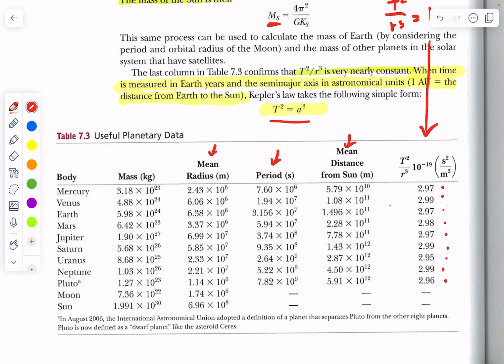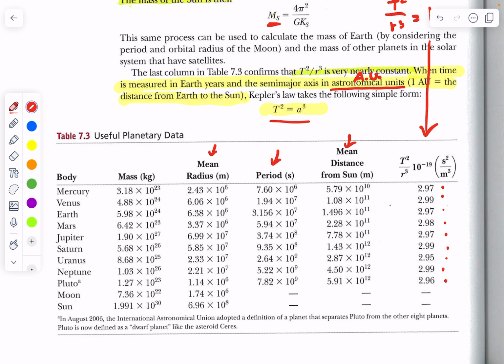Now, we can further simplify this if we invent a new unit. The new unit is going to be the astronomical unit. 1 astronomical unit, which is an AU, is going to be the distance from the Earth to the sun. So if 1 AU is the distance from the Earth to the sun, and we're going to be measuring the amount of time that it takes to go around the sun in Earth years, so we're making the Earth sort of the basis of everything.